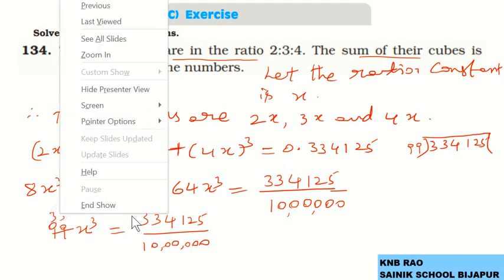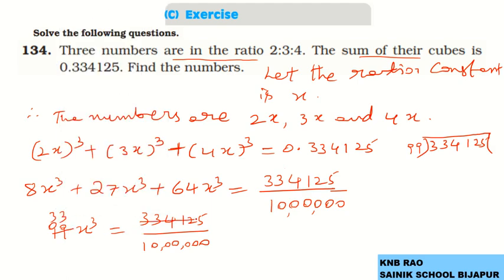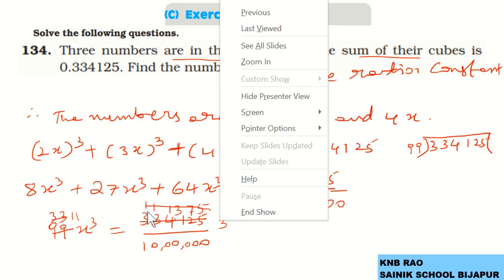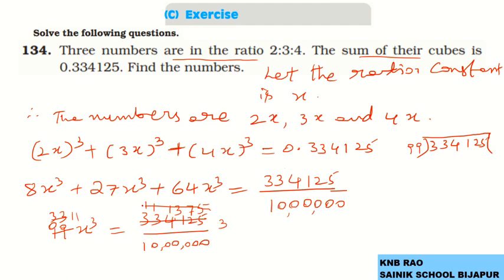3 3s are 9, 3 3s are 9, 3 7s are 21, 3 5s are 15. Further, 3 11s are 33, 3 3s are 9, 3 7s are 21.